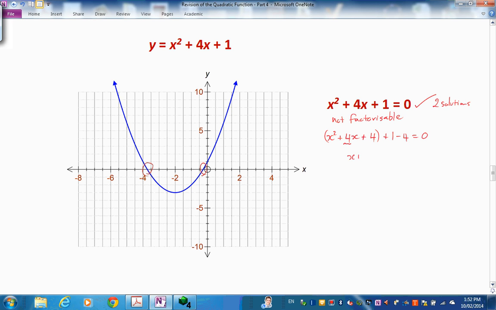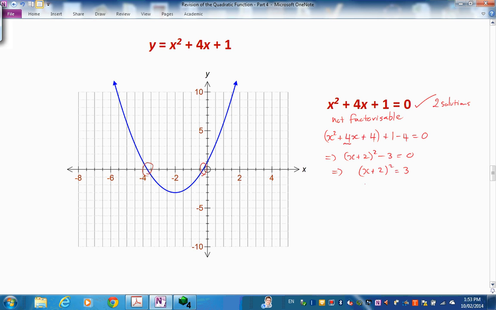So this is x plus 2 all squared, take 3 equals 0. Now get the square by itself, x plus 2 squared equals 3, adding it to both sides, so that implies that.